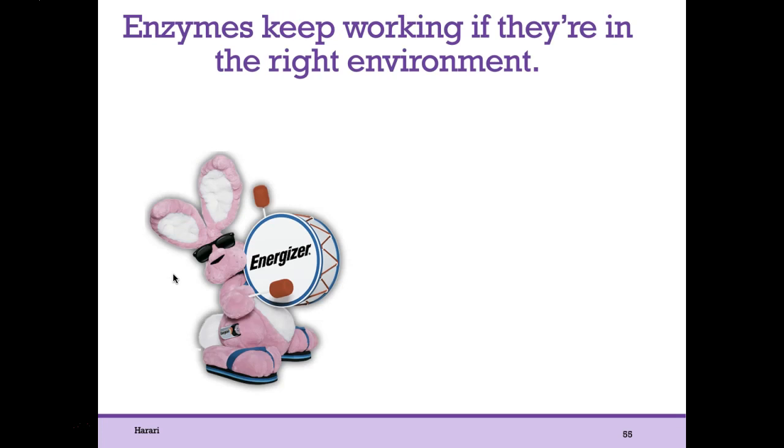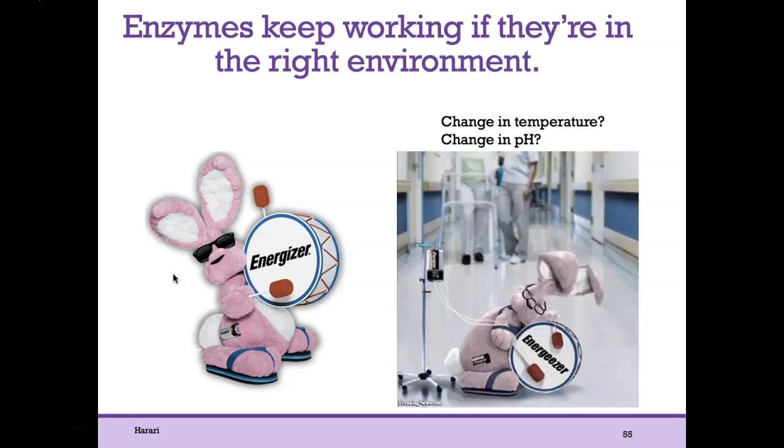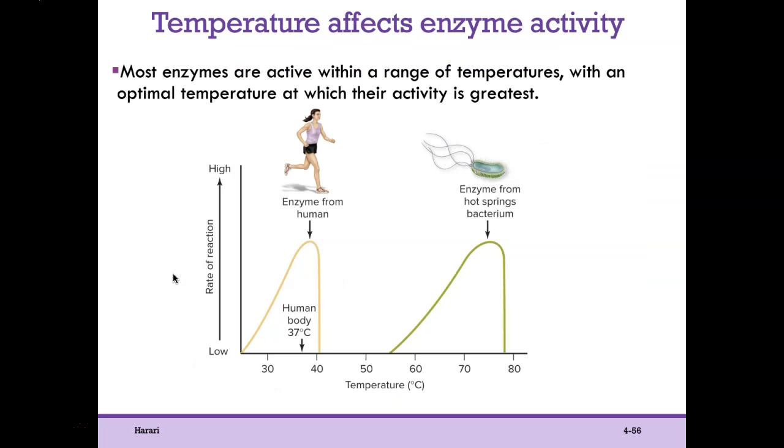All right, so enzymes are very specific to their environment. An enzyme has a specific preference for the environment that it works best in. So enzymes can continually work if they're in the right environment. But even in response to a slight change in pH or temperature, you then get a very dysfunctional enzyme. If the salt or the pH is too high or too low, an enzyme could become denatured and stop working.